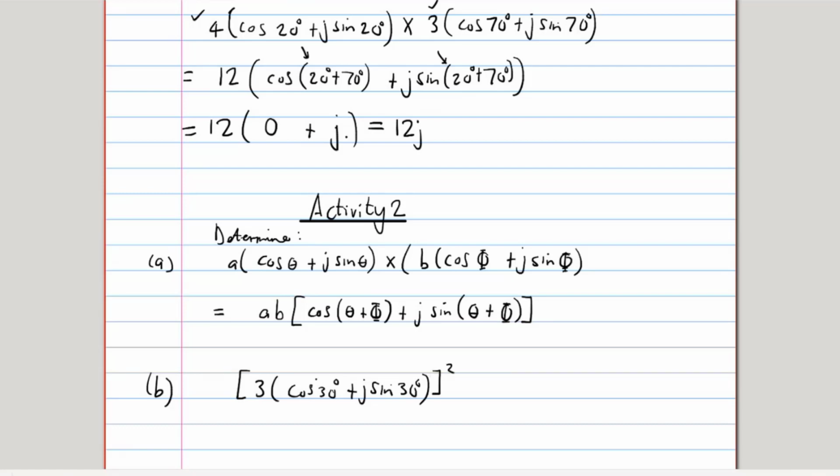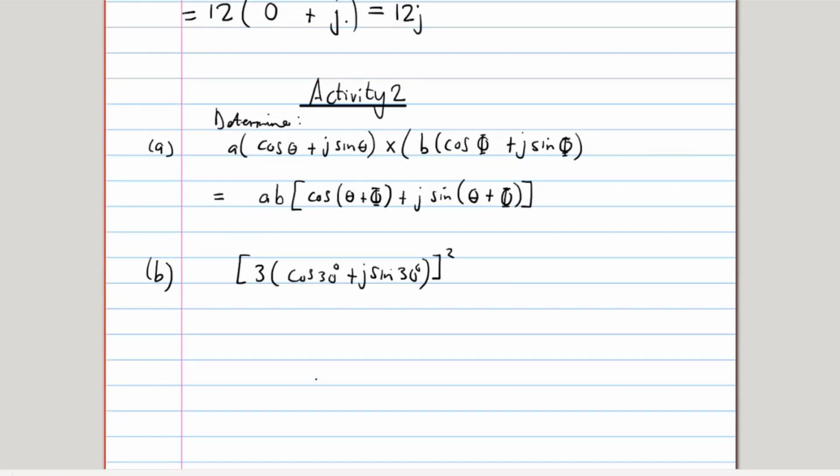In this case, you must multiply that angle, 30 degrees, by 2. You can write it the shorthand way, or write out the whole thing. Basically, you square the modulus 3. 3 squared is 9.